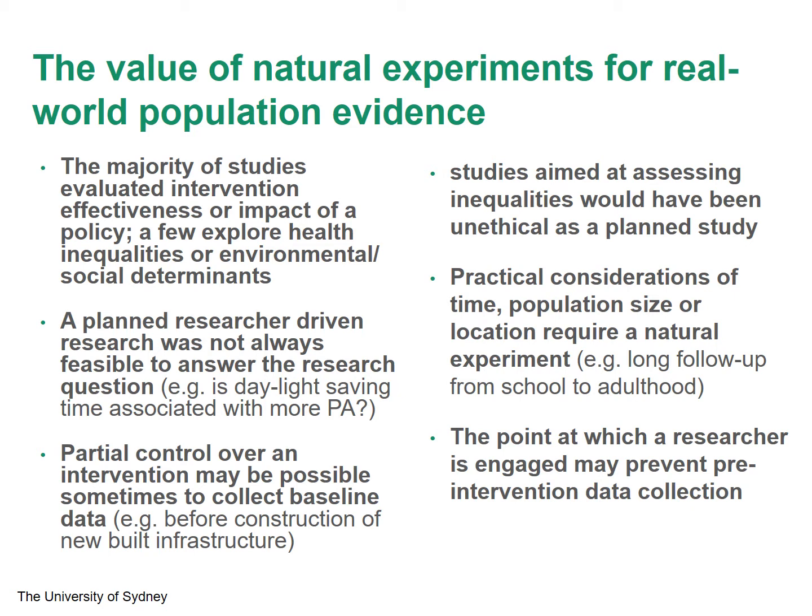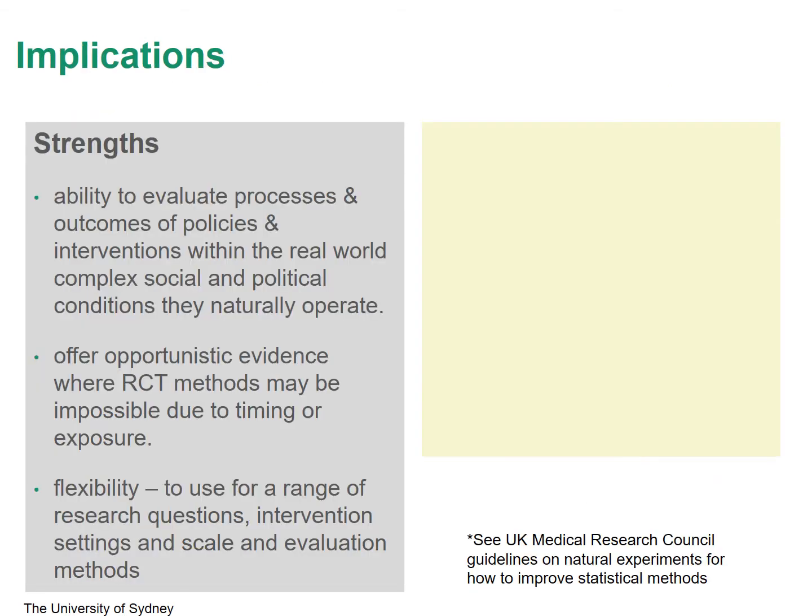We note that studies that aimed at assessing inequalities in the population would have been unethical as a planned experiment, where there was a risk of potential harm from restricting access to medical care or economic support, or randomising groups to receive a social benefit or their freedom to migrate. And a number of other practical considerations also necessitated the need for a natural experiment, which I won't go into in detail.